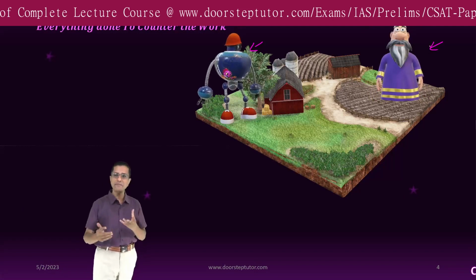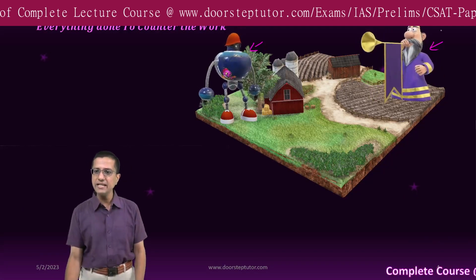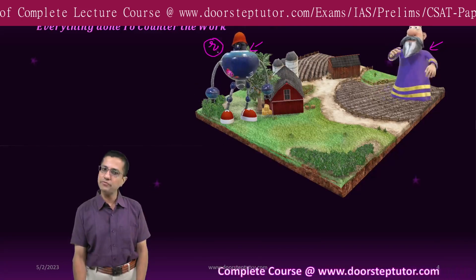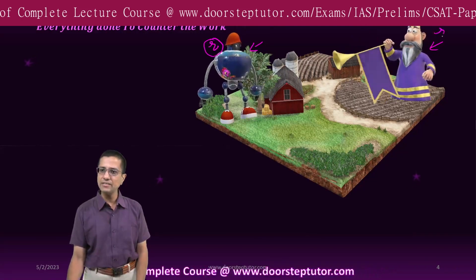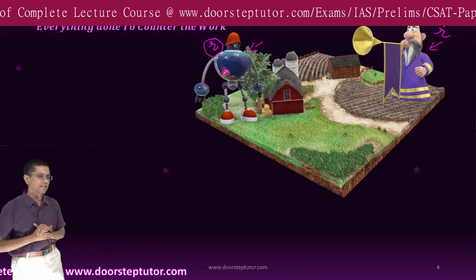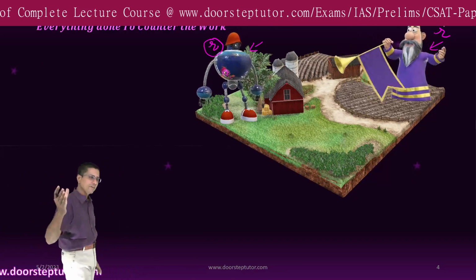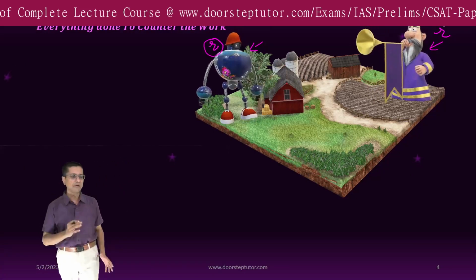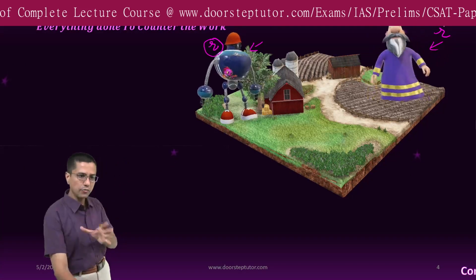Because the rate at which this person works is not the same as the rate at which the robot works. If the robot works at rate R, this mischievous person works at a rate R dash. It's a different rate. So obviously, by adding this one additional person on top of a single robot, my time would not be halved. How do we calculate the time?